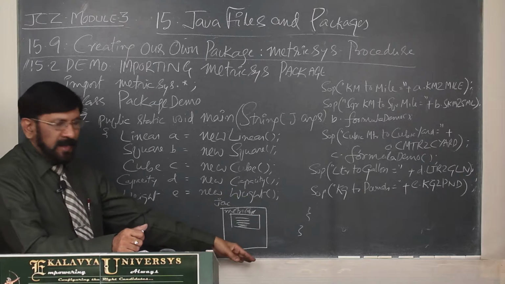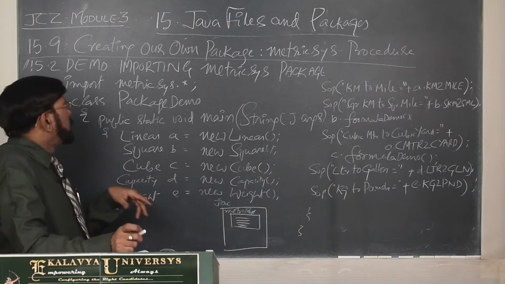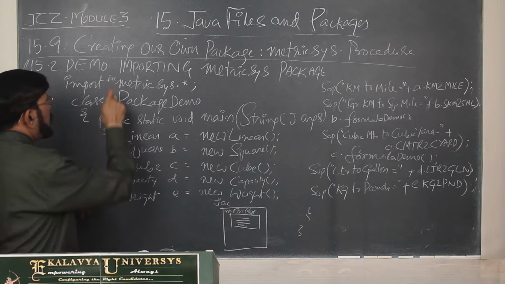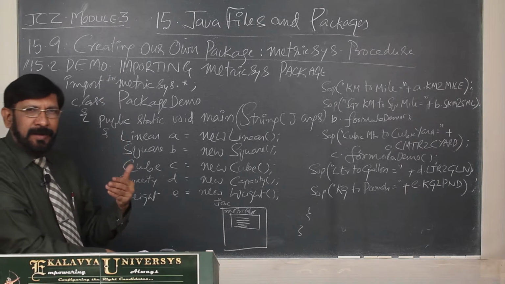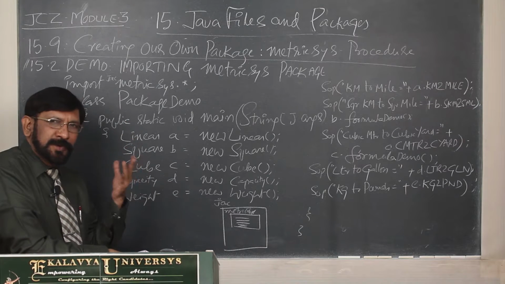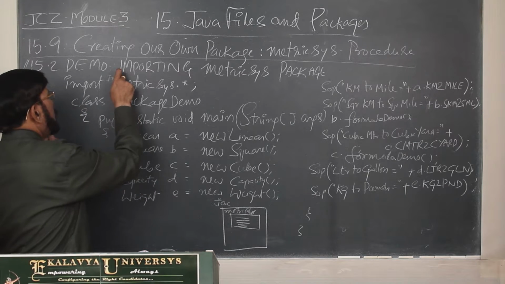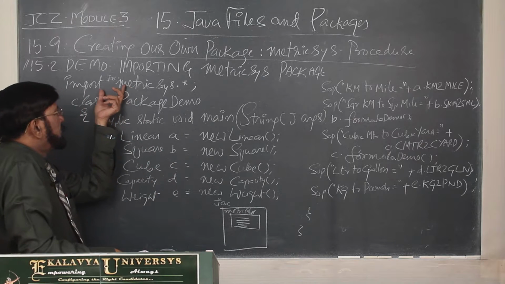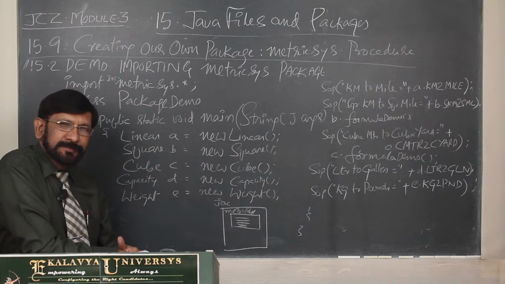Suppose you are working outside the Jack directory, what do you have to additionally do? The same hierarchy, as I told you in the first introductory concept itself, directory structure and package structure are alike, so you have to write like this.